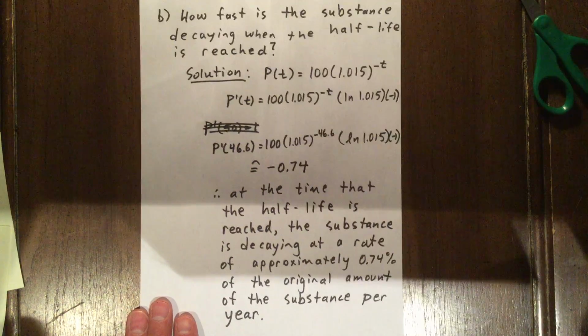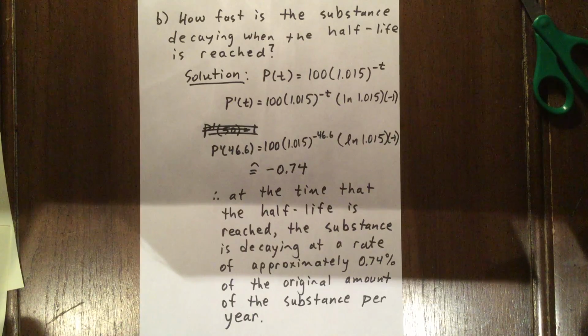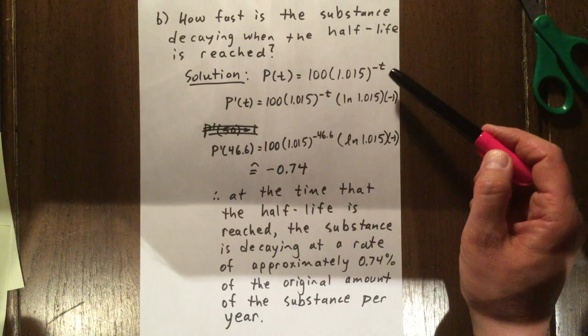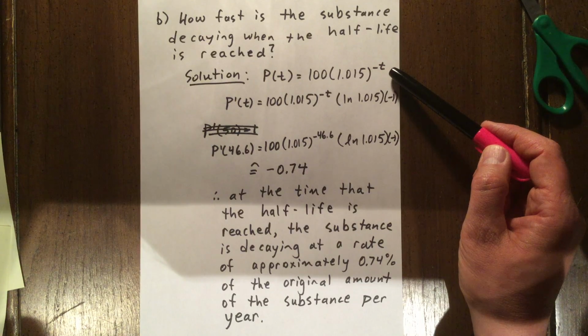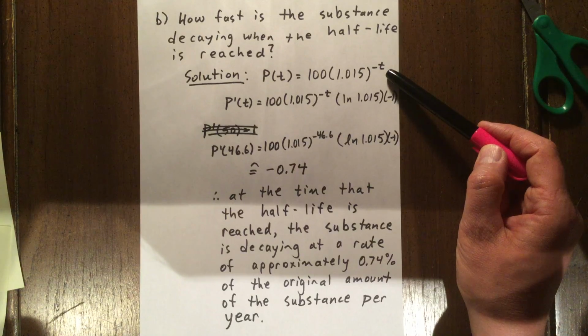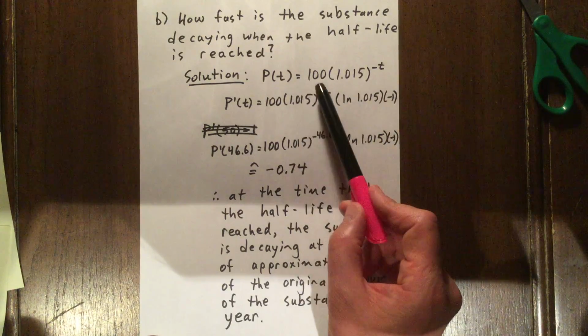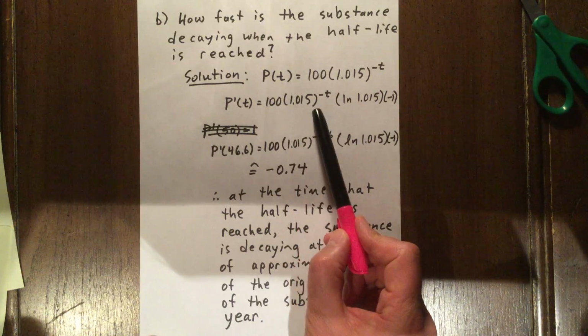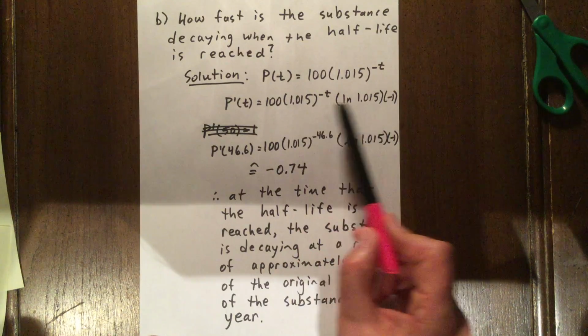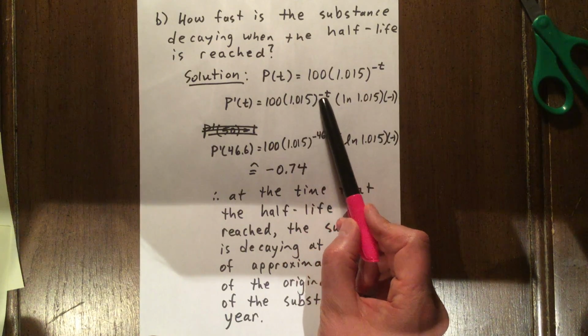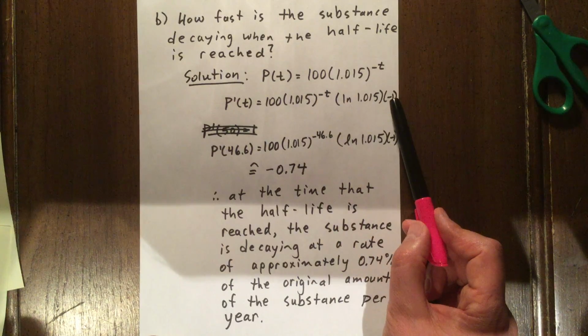Last part of the question says, okay, well, how fast is the substance decaying at that time? So let's find the derivative. This is a rate question, so we get our derivative. This is the original equation. To find the derivative, we just repeat the expression, then do the natural logarithm of the base, and the derivative of the exponent.